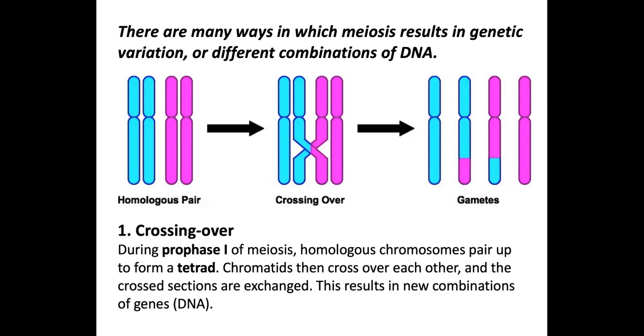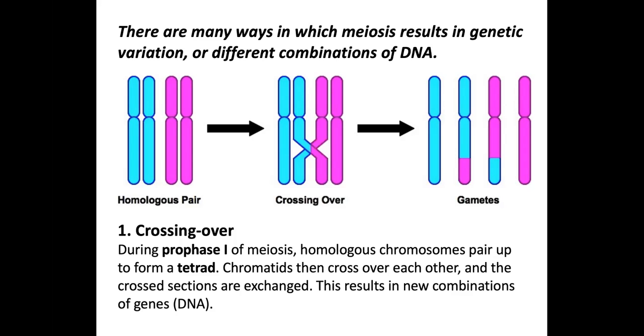So now this blue chromosome has a piece of the purple, and the purple has a piece of the blue. This is one way that we can get new combinations of DNA, of genes. Crossing over happens in prophase 1. So we're essentially swapping DNA.